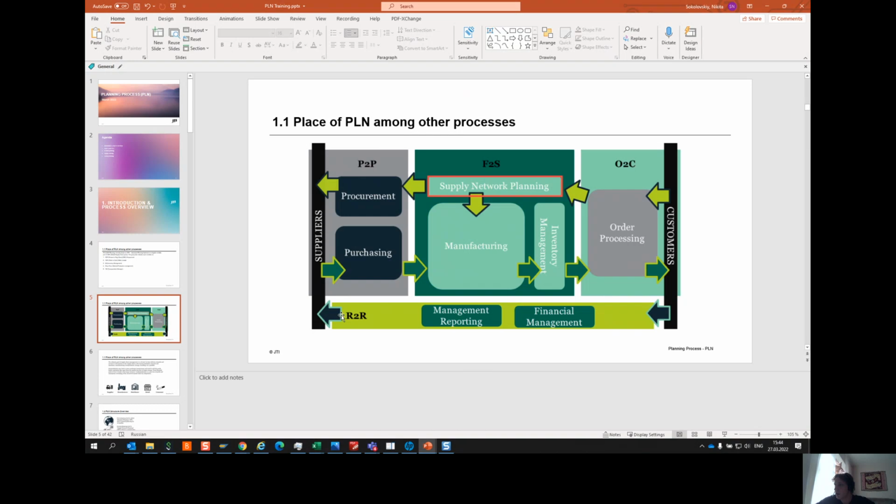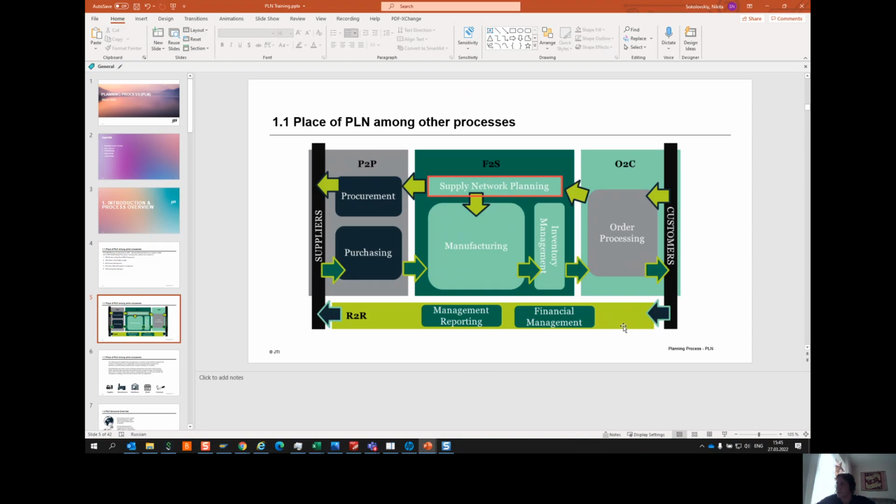So you can see the finance module, or record to report, R2R. It is displayed below all three of the logistics modules, because financial operations go through all the processes. Of course, everything in the company is related to money, and there cannot be any logistics operations without money, reporting and control.